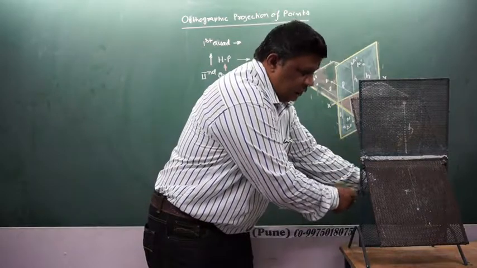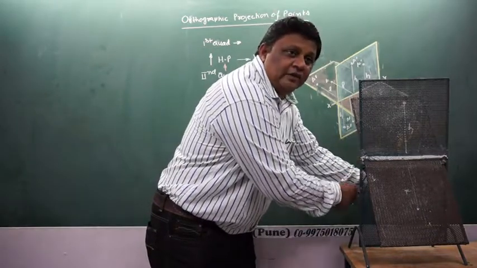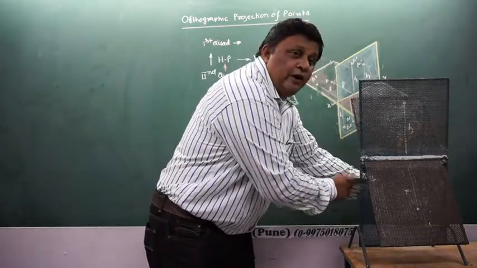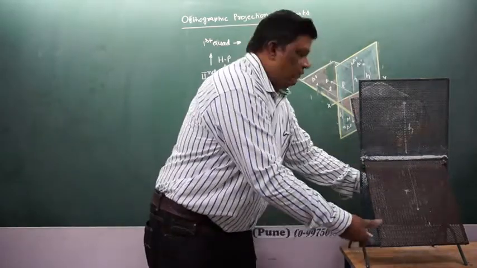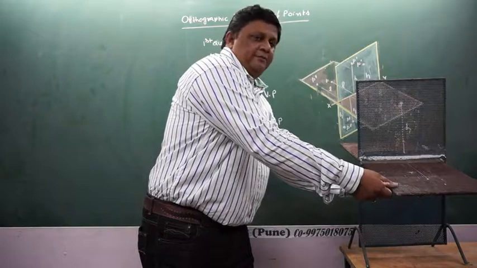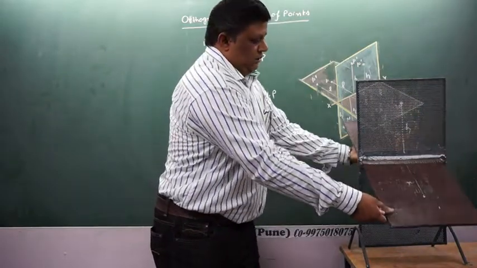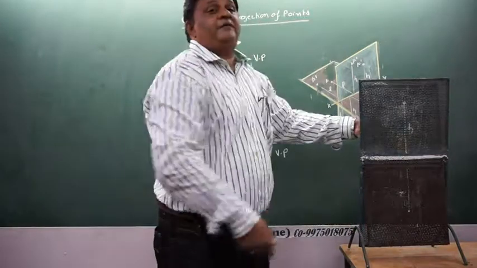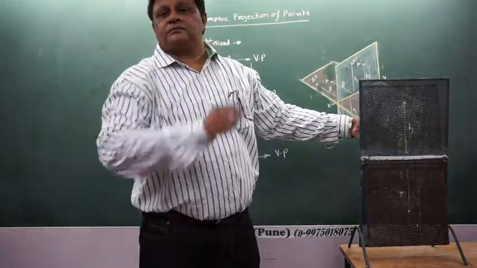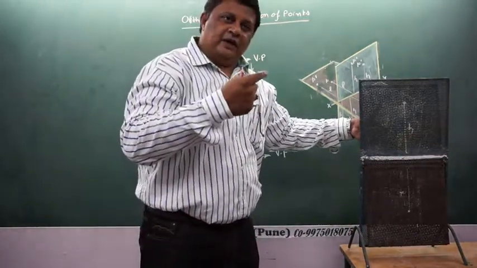That distance below HP remains out there only. That means the distance below HP is seen to me below XY line. Whereas the distance behind VP, what is going to happen? It is going to come up.